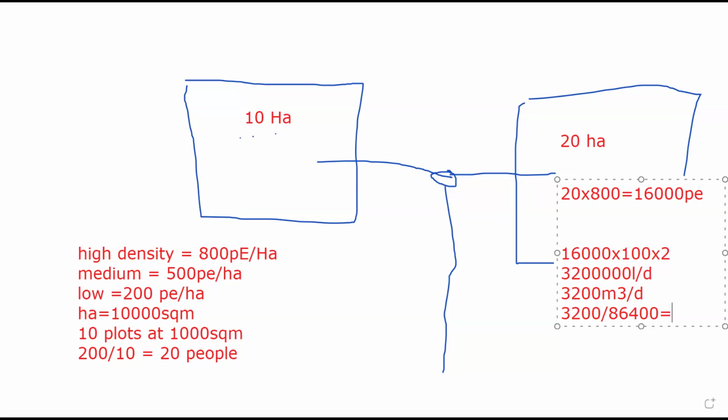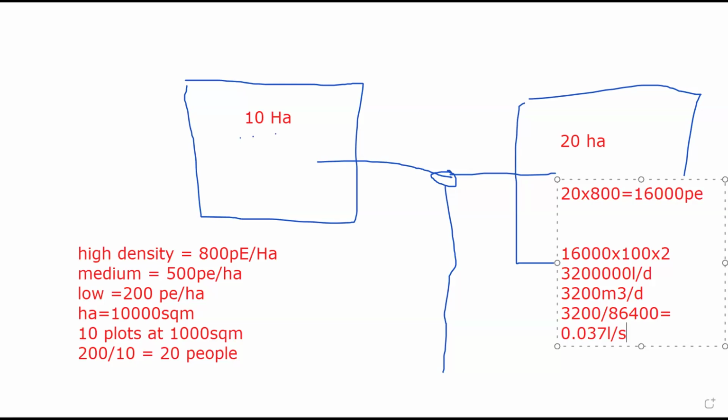That will give you 0.037. Am I sure of this? Yes, 0.037 meter cube per second. So this is the amount of water you need to flow.